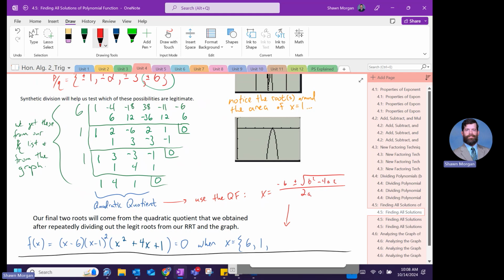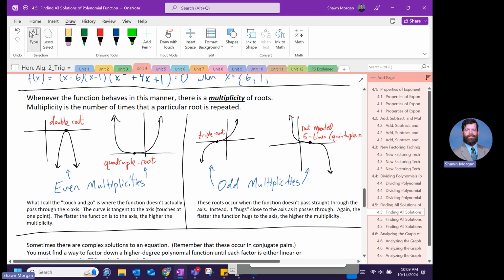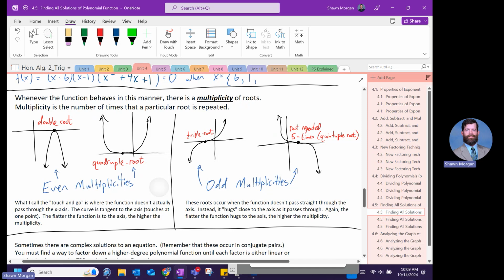Mitchell? In your quest for a calculator, you missed my explanation for that. We did the 1 twice because of the behavior of the curve at 1 was such that it did not pass through, but it gave a little kiss and go, a little touch and go. It's called multiplicity. There's a lot of information on this screen, but just look at the pictures. Even multiplicities do that touch and go.